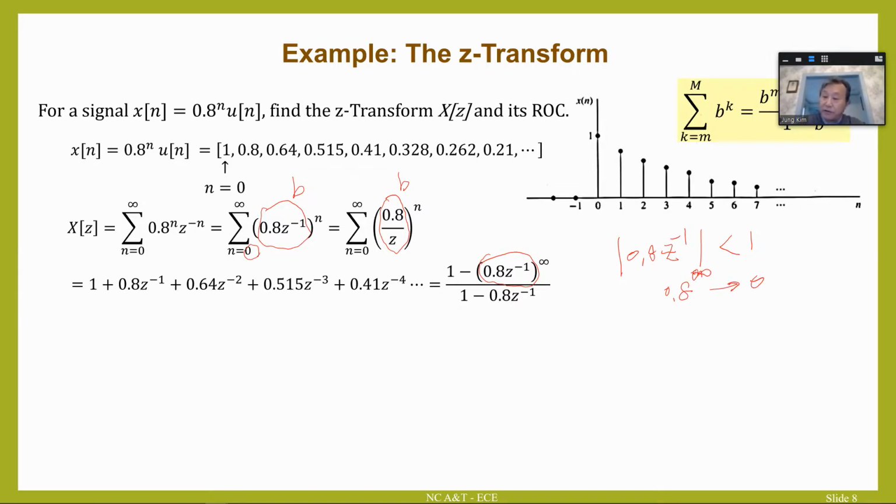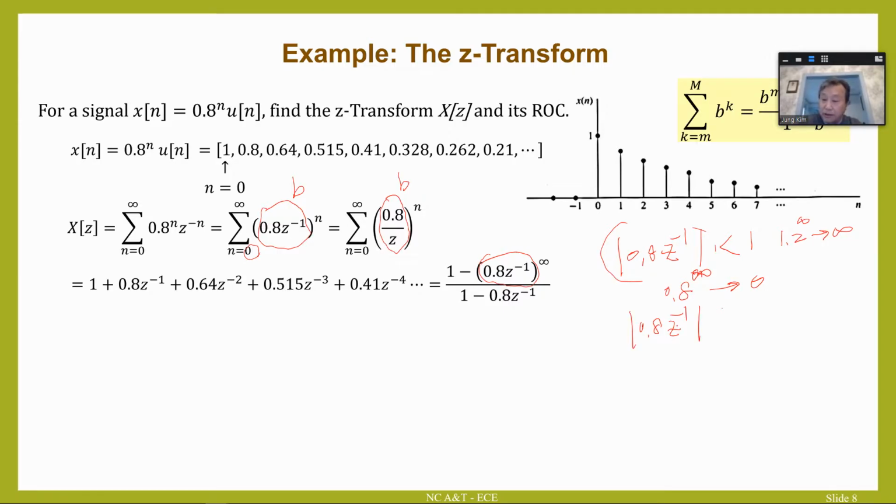However, if it's greater than 1, such as 1.2 to the infinity, that approaches infinity. So the condition of the region of convergence is that the magnitude of 0.8 z to the minus 1 must be less than 1.